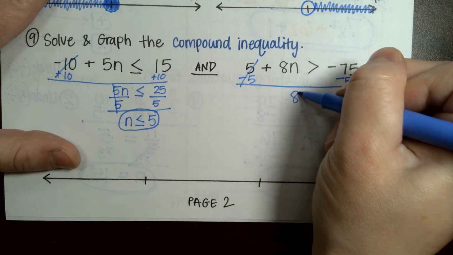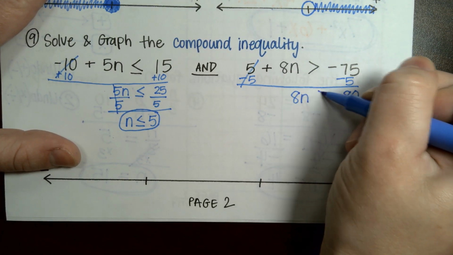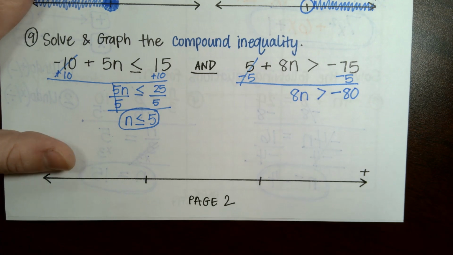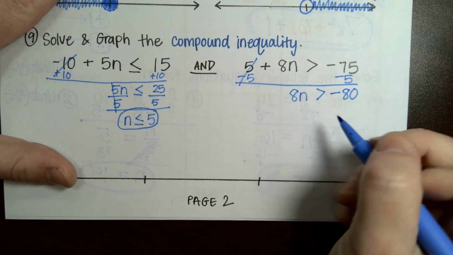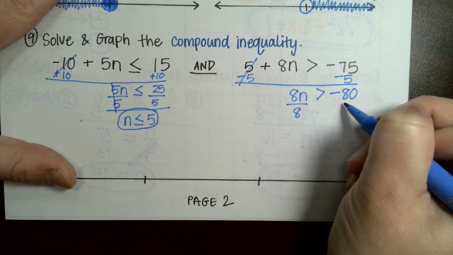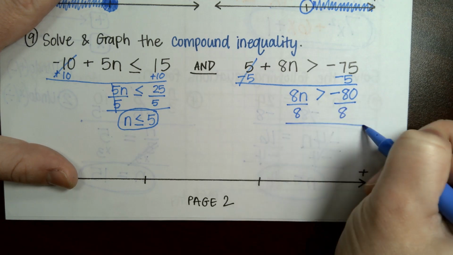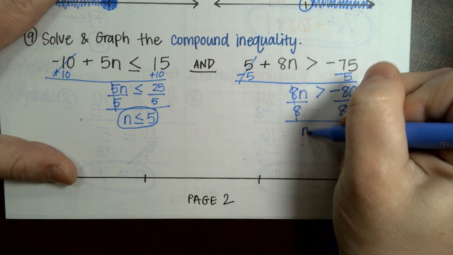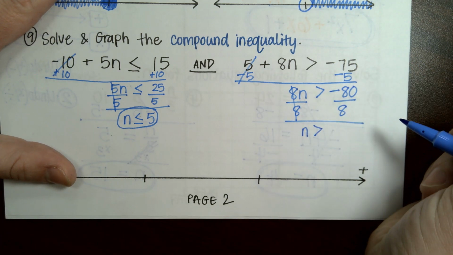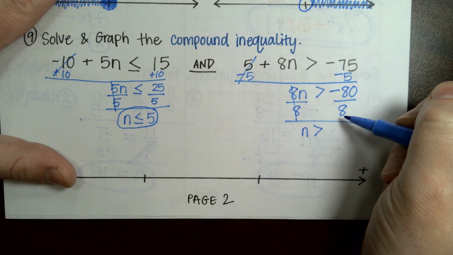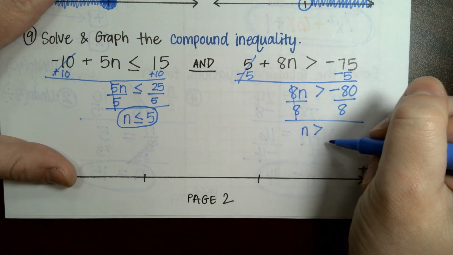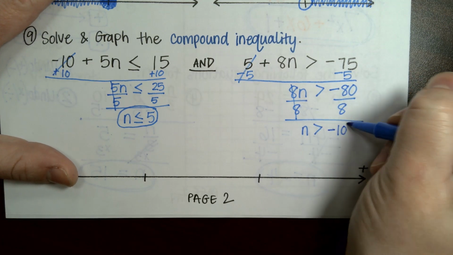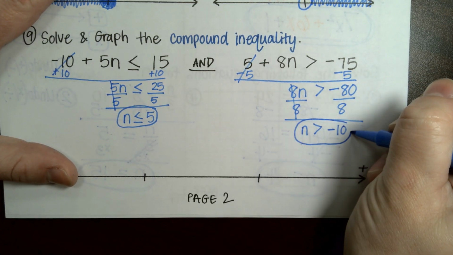I've got 8 times n is greater than negative 80. Divide by 8. My 8s will cancel. And what is that? n is greater than negative 10? Yep, that's right. n is greater than negative 10.